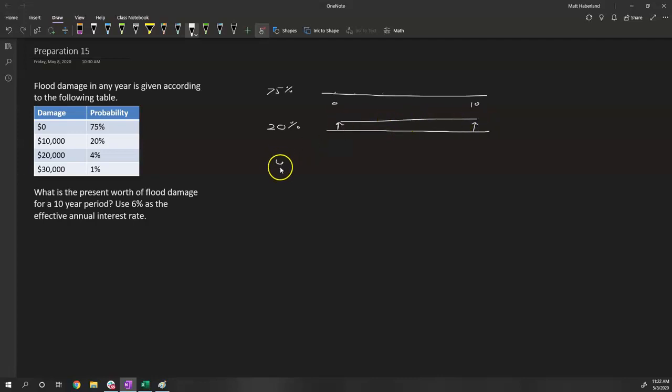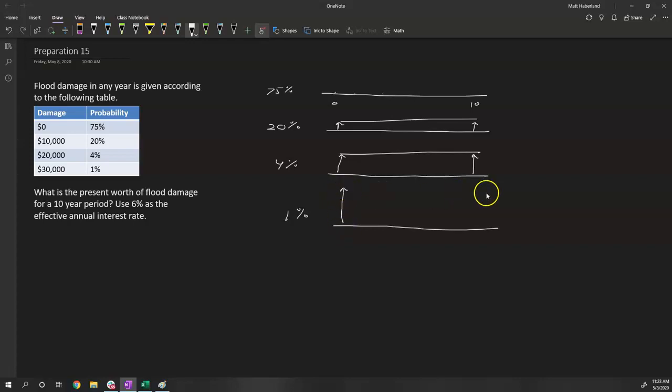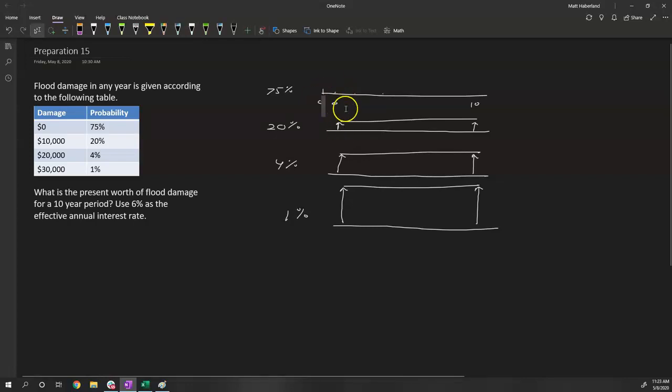There's a 4% chance that the cash flow is bigger in each year. And then there's a 1% chance of the cash flow being really big. Well, I should be careful here. Let's put the 0 over here. And this is year 1. Because annuities always start in year 1.